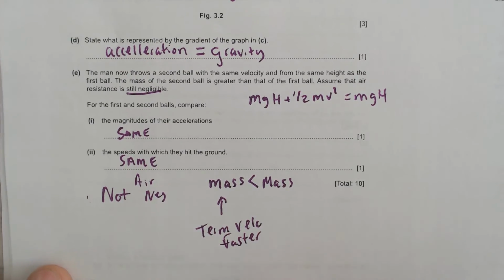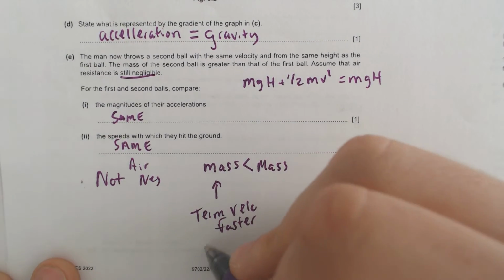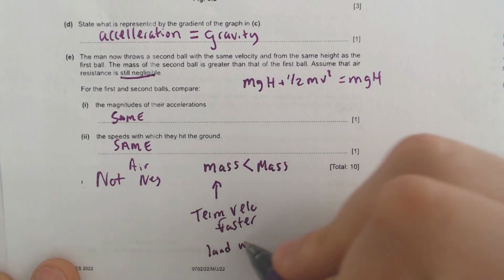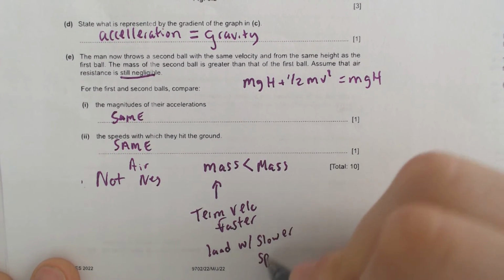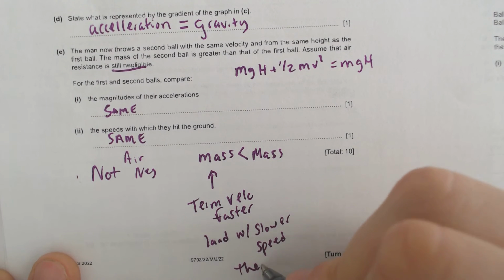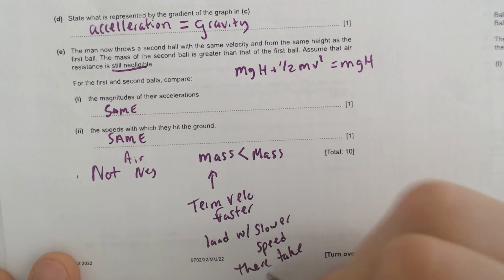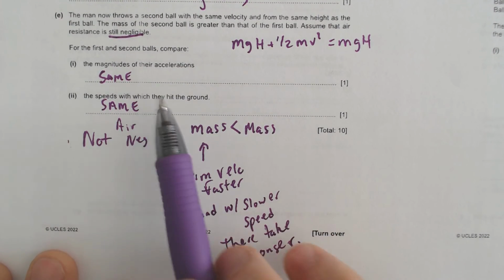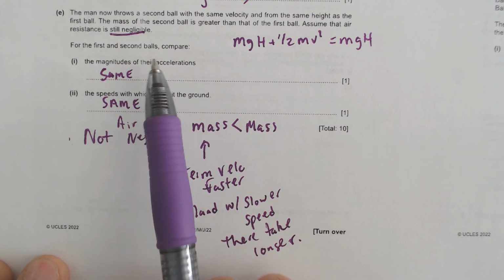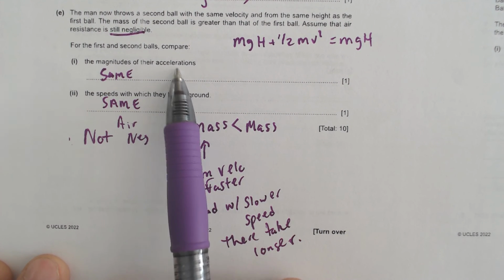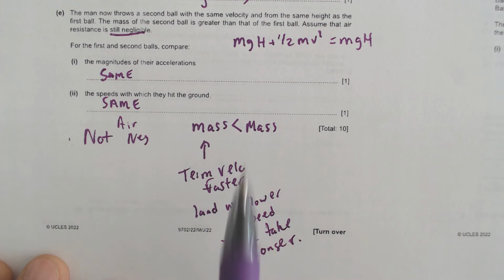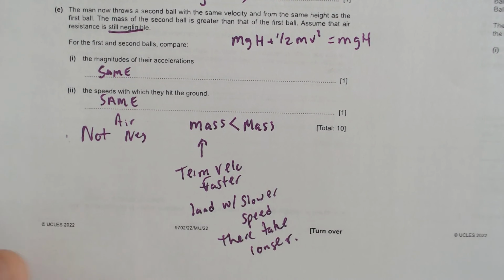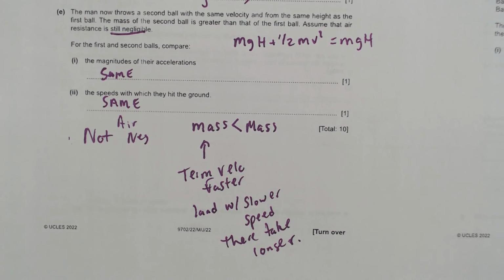And if it reaches terminal velocity faster, it means that it will land with a slower speed and therefore take longer. We could not compare the accelerations because the accelerations would be a sum of all forces, so that would be a little bit of a different thing. It would reach its terminal velocity faster because the sum of all forces would equal 0 quicker with the one with smaller mass. Not what the question asked, though. All right. That is going to do it for question 3.